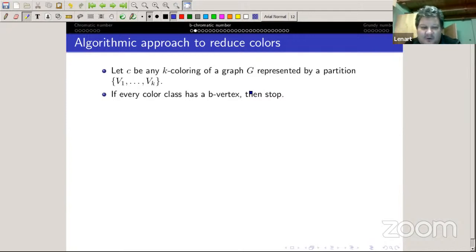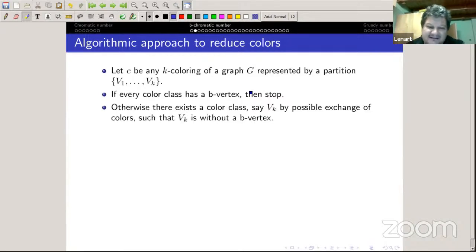So we are interested only if there exists a color class, let's say Vk, after possible exchange of colors, such that Vk is without a b-vertex. Then every vertex in this color class can be recolored by some other color, and we will reduce this k-coloring to a (k-1)-coloring.